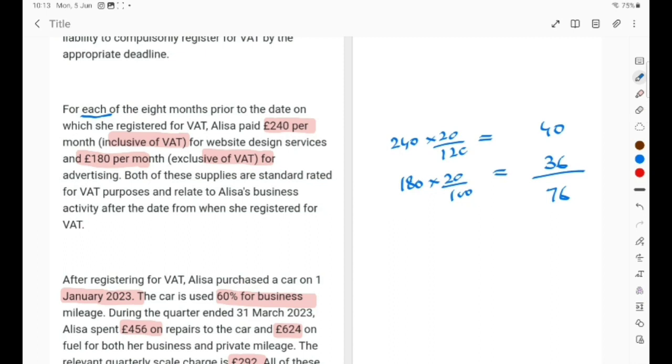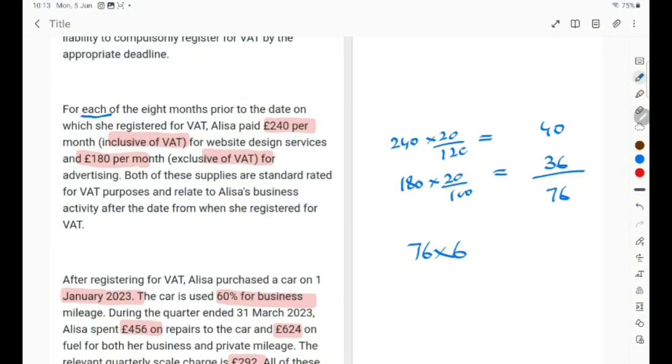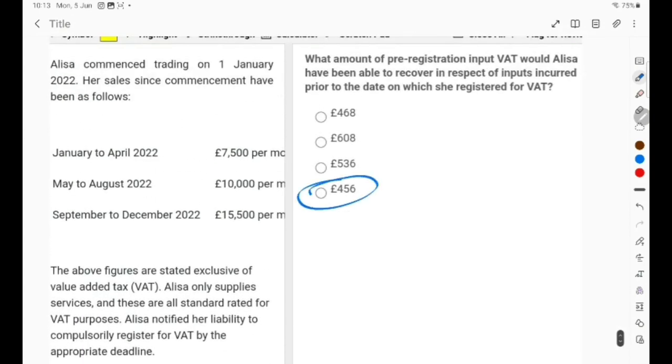We are allowed to claim input tax on the previous 6 months of services. So 36 multiplied by 6 will give you 216. So this is our answer.